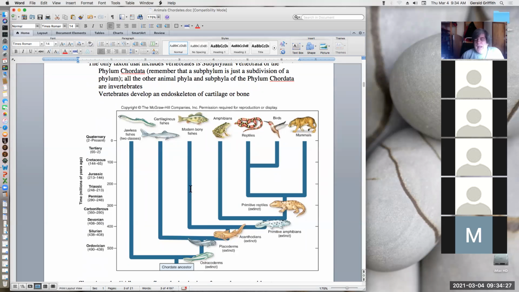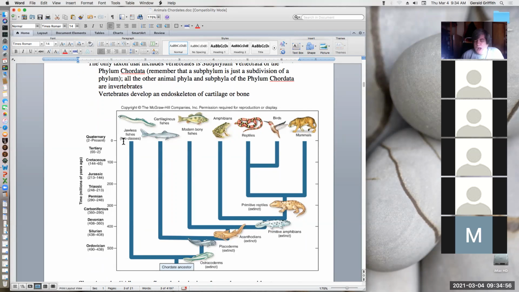If we look at the chordata, half the different groups we have within the chordata, within the vertebrata, are different types of fish. So there's a lot of different ways to be a fish and be a vertebrate. So the first group of fish that split off from the other group of vertebrates is the jawless fish.